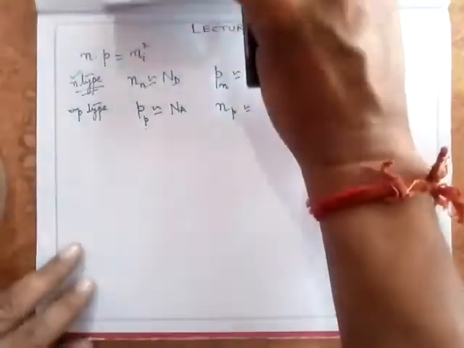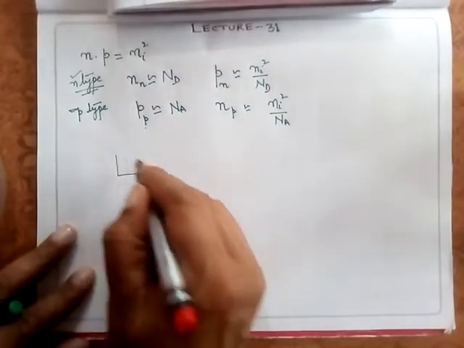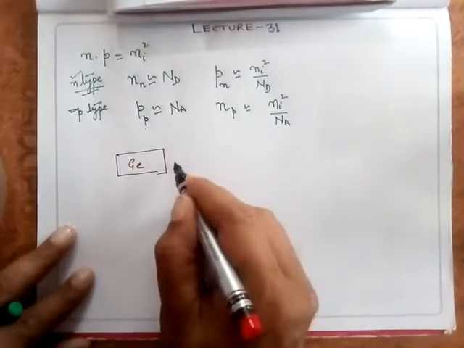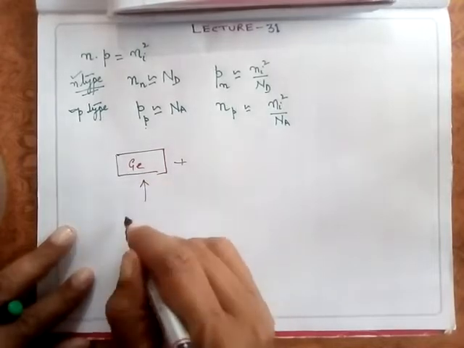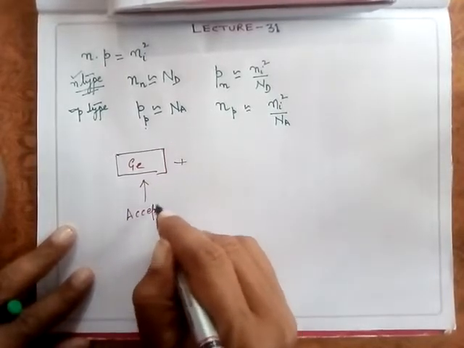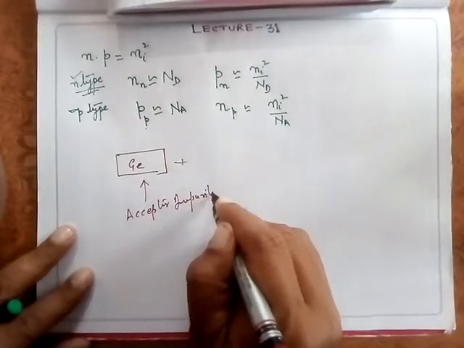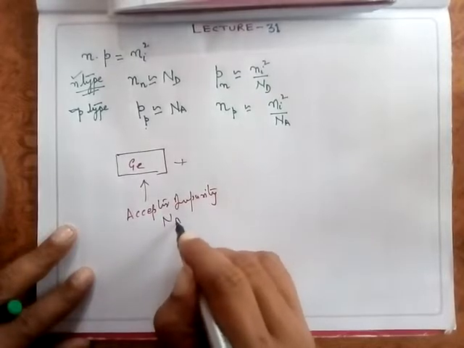It says that you have a pure germanium here, and you add some acceptor impurity to this. Suppose I say its concentration is Na.